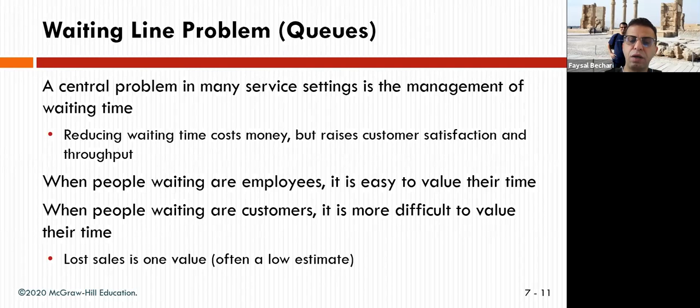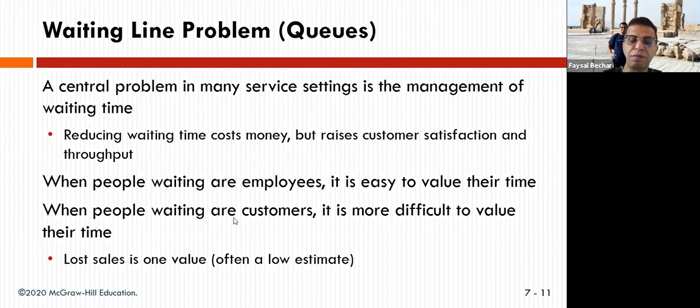When the people waiting are employees, it's easy to value their time. When the people waiting are customers, it is more difficult to evaluate their time. If your co-worker is waiting, you value his time and try to provide him the services, but if the person waiting is your customer, people have a tendency not to value their time, and this is what makes you lose sales.